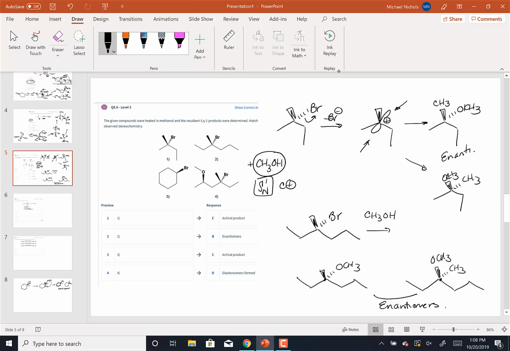And then the final molecule looks like this.